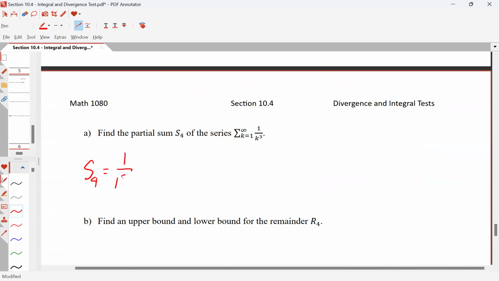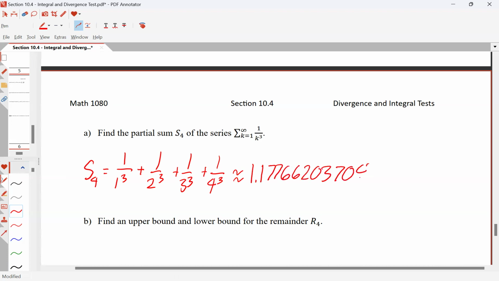That's 1 over 1 to the third, plus 1 over 2 to the third, plus 1 over 3 to the third, plus 1 over 4 to the third. If you put this into a calculator, it works out to be approximately 1.17766203704.